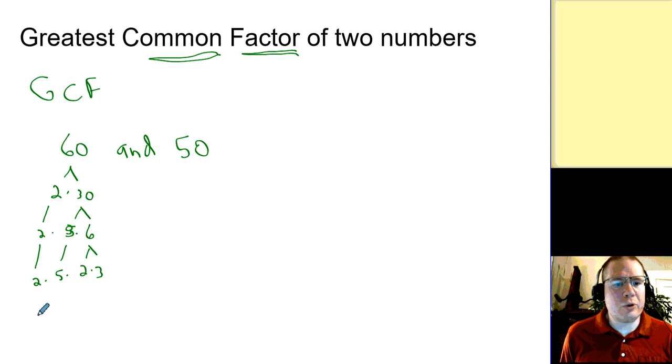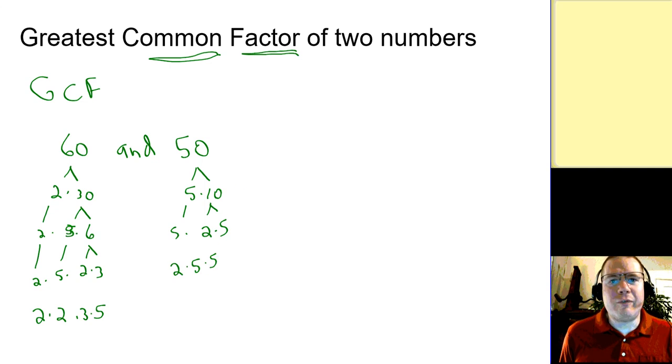So if I put it in order, 2 times 2 times 3 times 5. 50, that's 5 times 10. 10, that's 2 times 5. So if I put that in order, 2 times 5 times 5. So I'm using the prime factorization. I'm doing everything right.